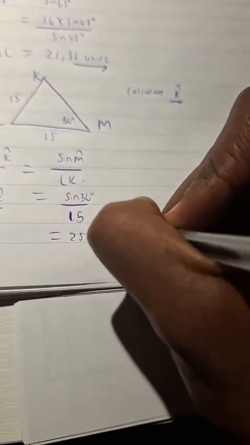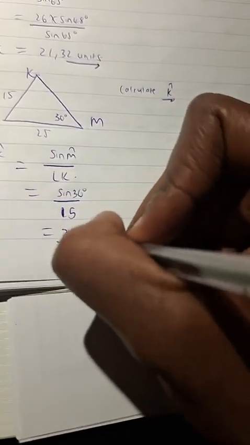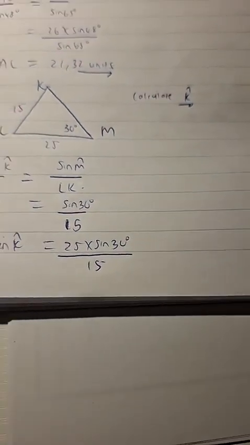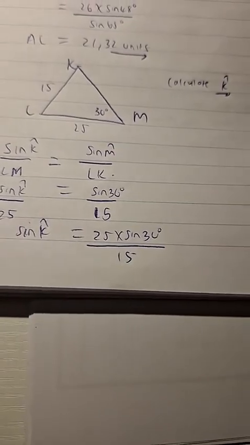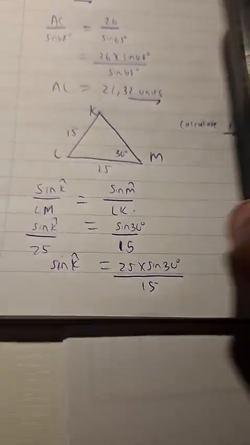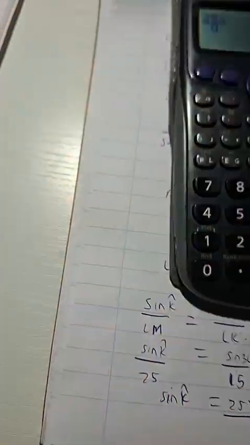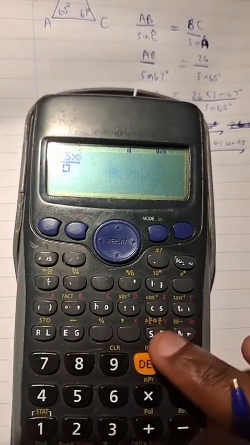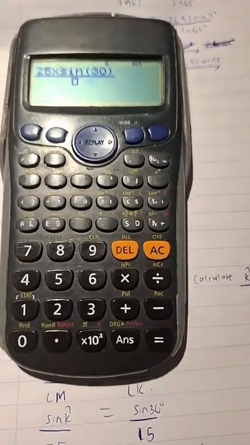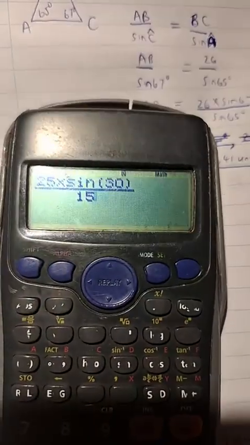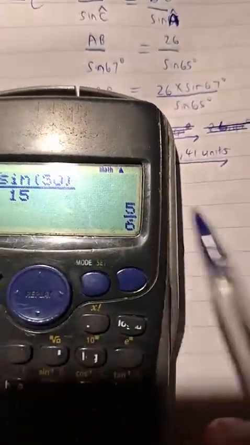So that means 25 times sine of 30 degrees over 15 is sine of angle K. Then I can grab my calculator and punch in 25 times sine of 30, close the bracket, over 15. Then I get my answer, 5 over 6.